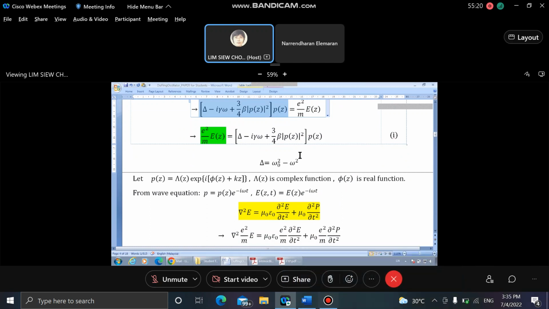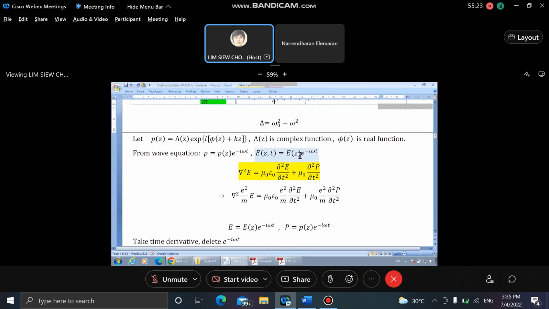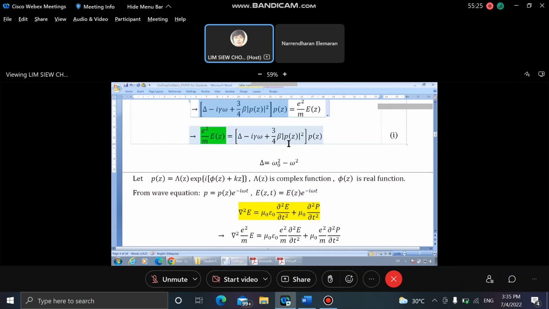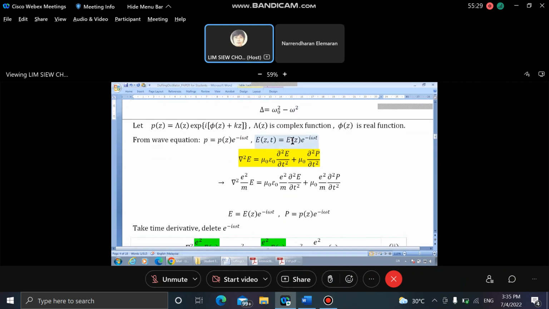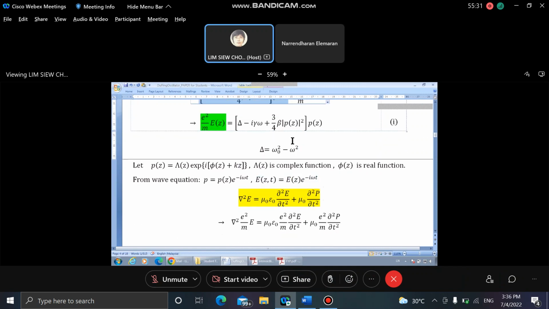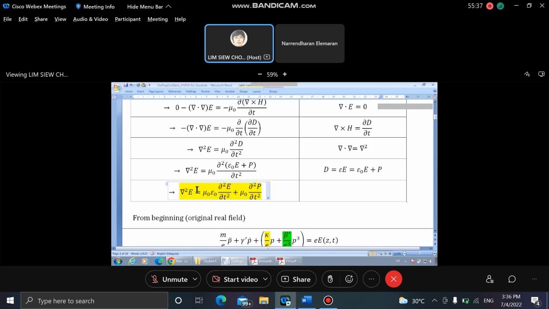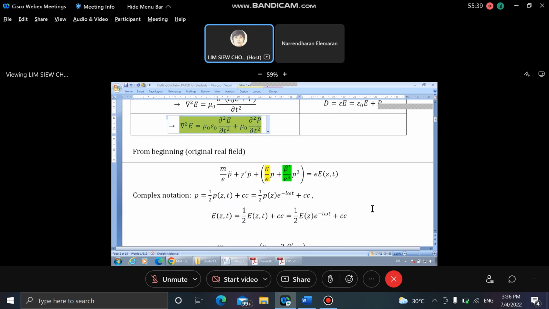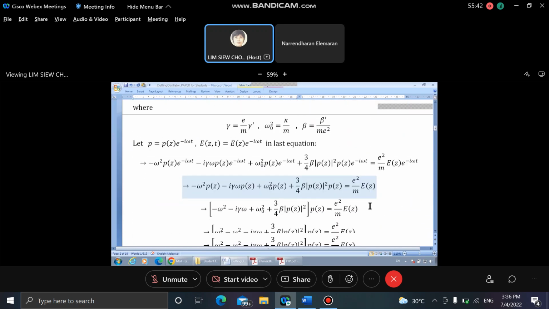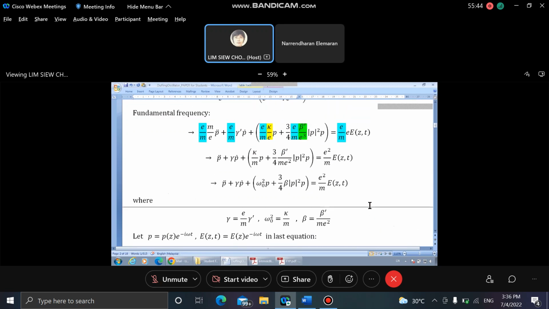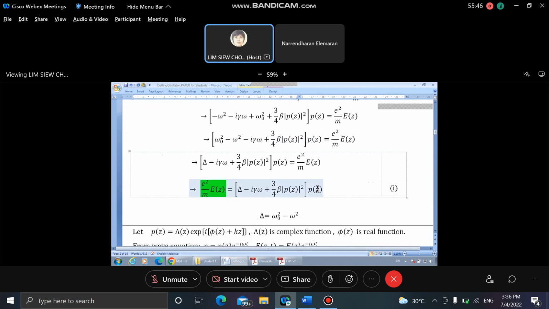It means that I want to use it for my further calculation. Okay, and then after this, it's not the end of the story. Okay, we need to combine this with the wave equation that we have derived just now. This yellow wave equation, we need to combine with these results from the material itself.